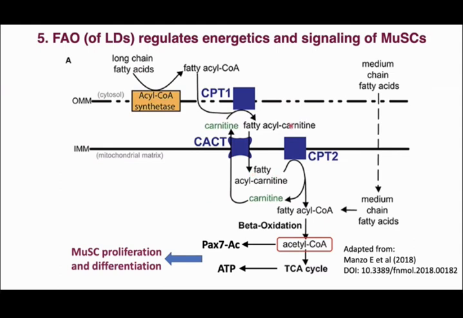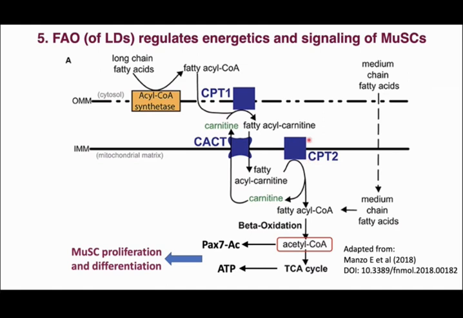What we show in this part is that FAO, or fatty acid oxidation, potentially of lipid droplets, right? Because the fatty acid is from droplets. It is very important for SADA cell energy, metabolism, and signaling.